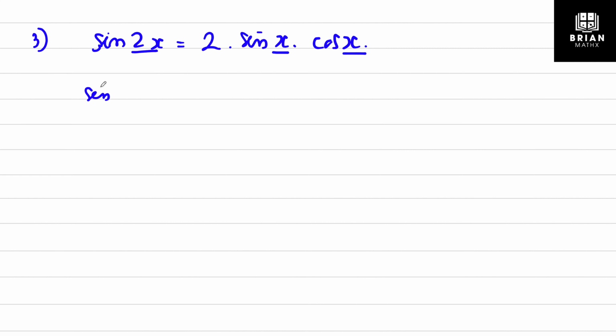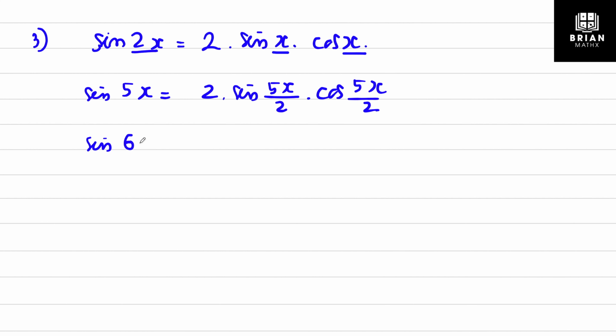For example, sine 5x becomes 2 multiply sine of 5x divided by 2 and cos of 5x divided by 2. Or another example: sine 6x becomes 2 sine 3x multiply with cos 3x. This is the first double angle.